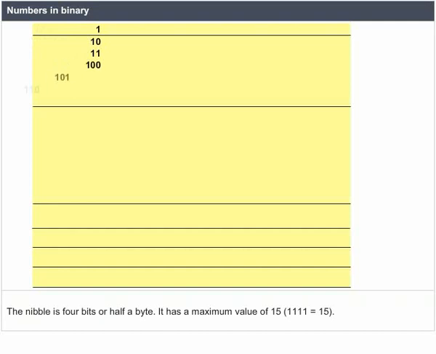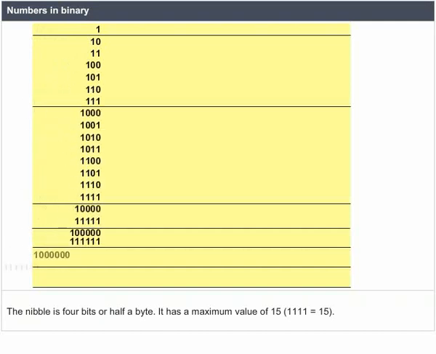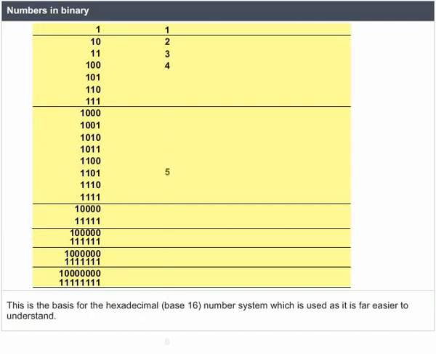The nibble is 4 bits or half a byte. It has a maximum value of 15. 1111 equals 15. This is the basis for the hexadecimal, base 16, number system, which is used as it is far easier to understand.